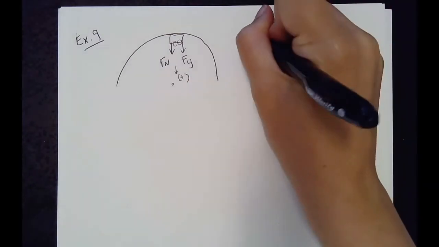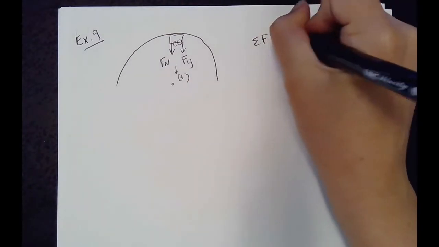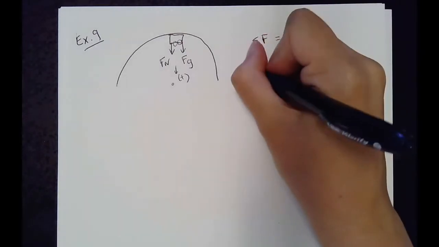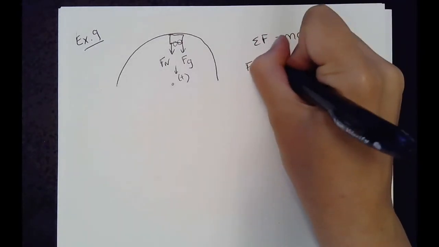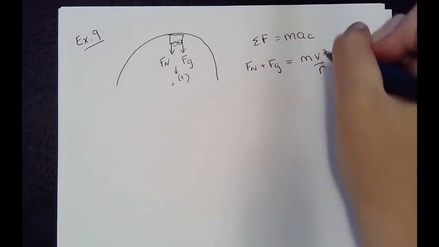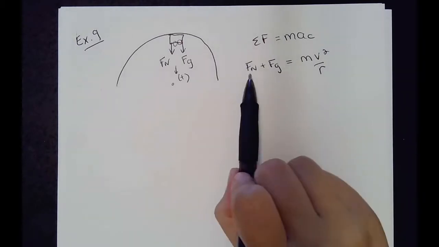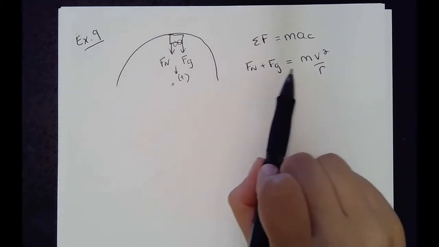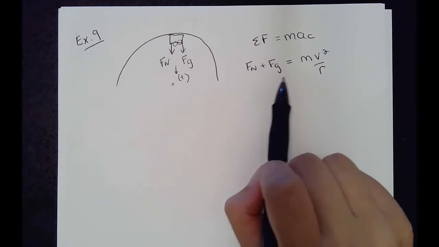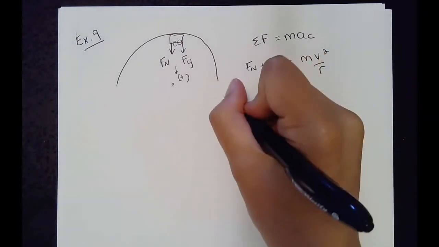So just looking at this, if we write our net force equation equals mac, in the radial direction, I have Fn plus Fg equals mv squared over r. So we don't know what this normal force is. It depends on the speed in a way. They're related. But we can see that for the minimum speed to occur, we want the minimum.